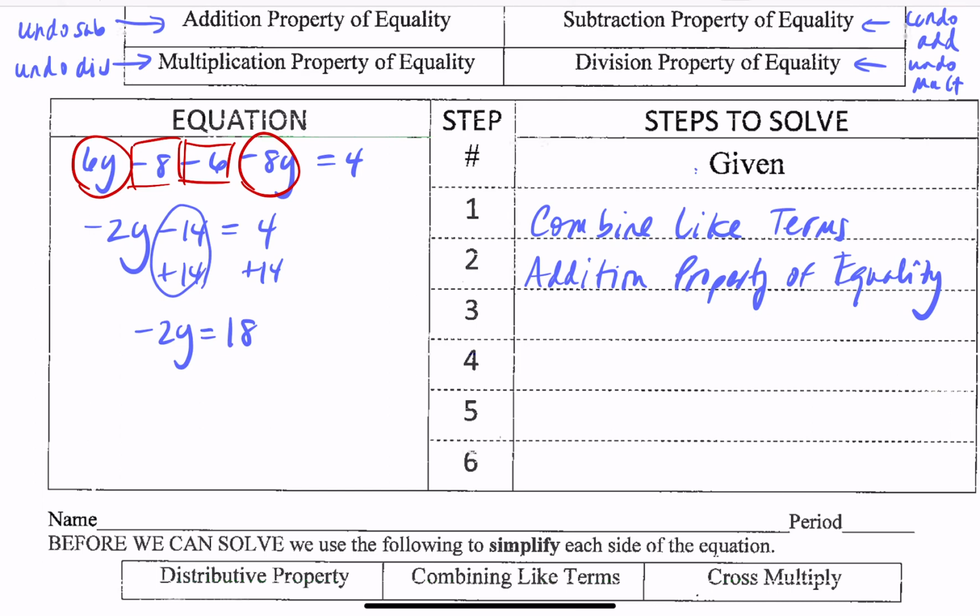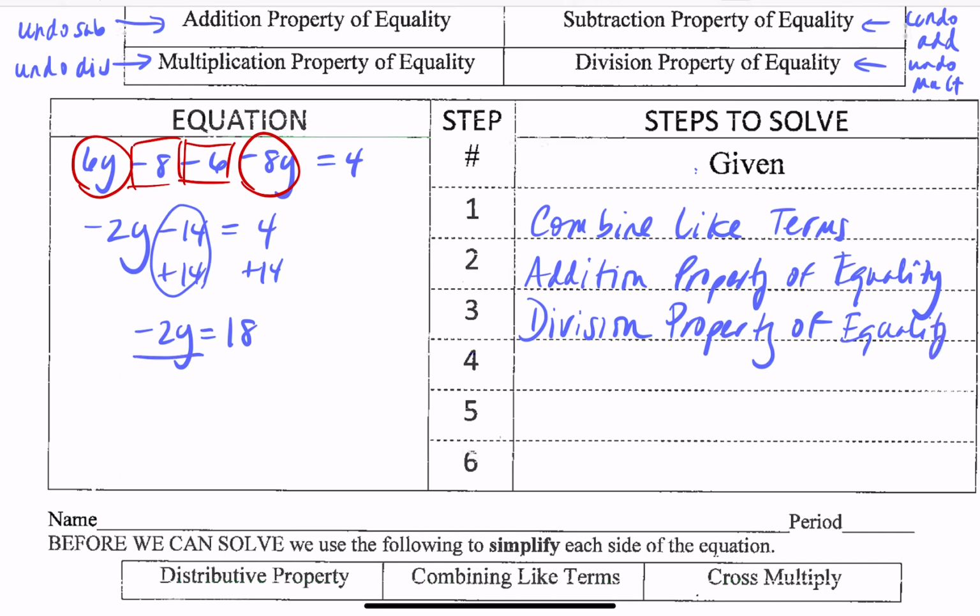So now I've got to get rid of the number in front of y and make it a 1. So it's being multiplied. If you look, I want to undo multiplication, I want to undo that multiplying by negative 2. I'm going to use the division property of equality. So over here I'm going to write division property of equality.